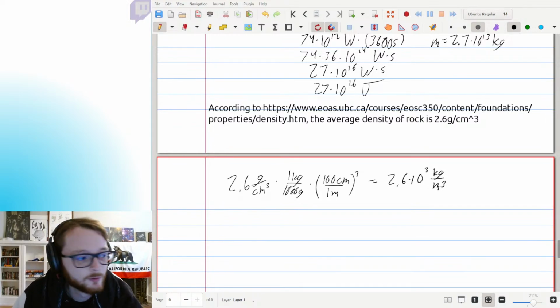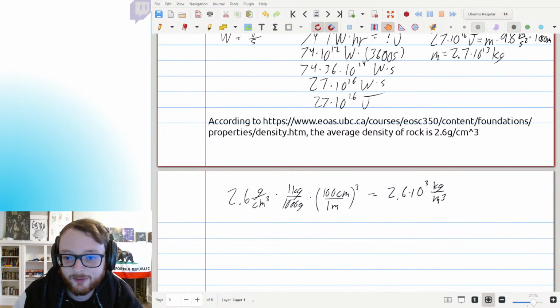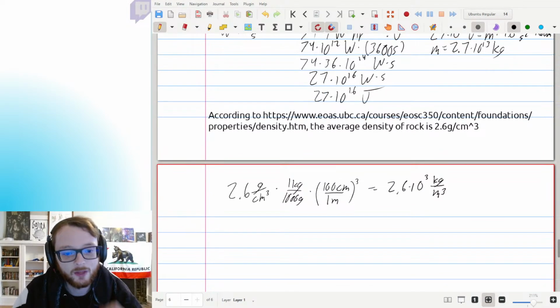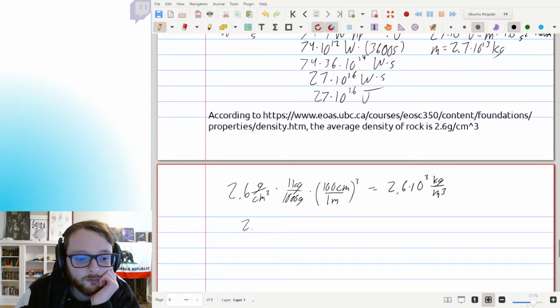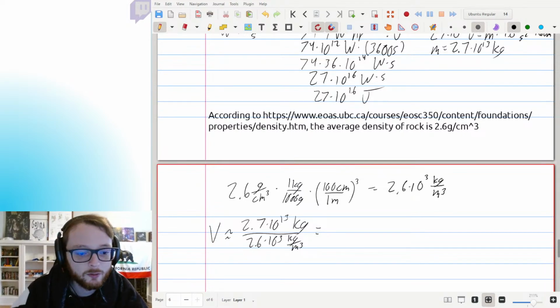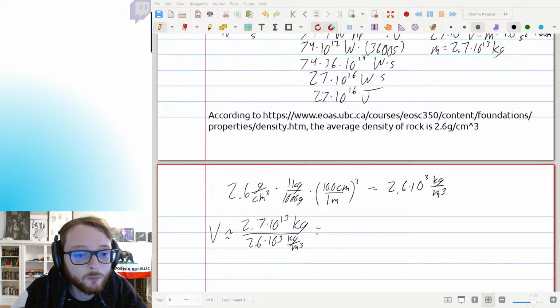Now let's take our mass and divide it by the density we just found to get the volume that the problem asked for. So 2.7 times 10 to the 13 kilograms over 2.6 times 10 to the 3 kilograms per cubic meter. 2.7 over 2.6 is slightly more than 1.